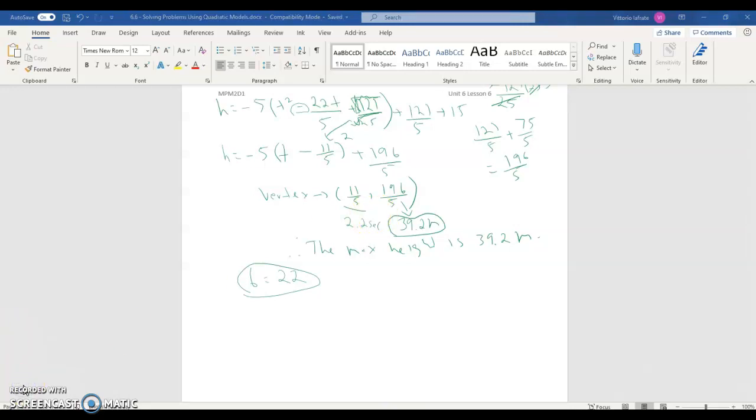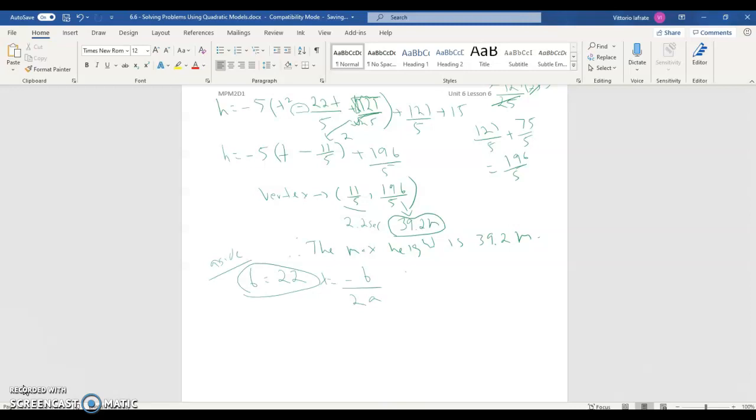An easy way to use the b value to find the x value of your vertex, and this is just additional work, let's call this an aside to show you a different technique, you can do minus b over 2a. This would be the x value of your vertex, the axis of symmetry, in other words.